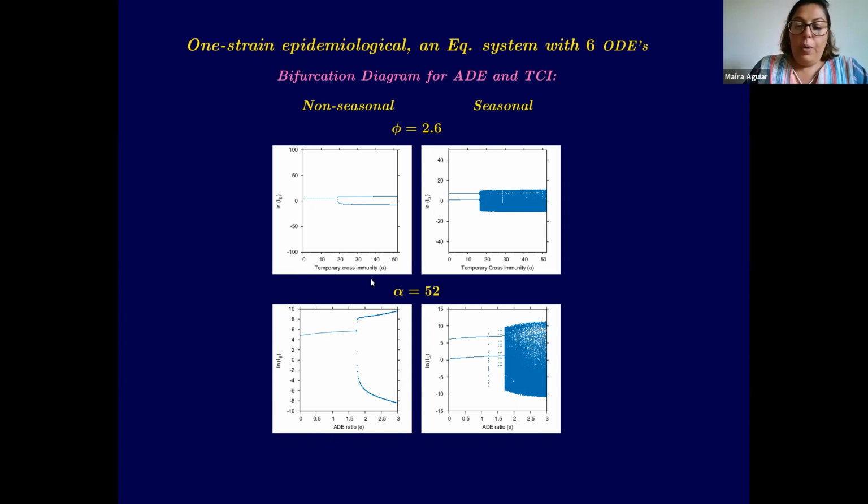What happened? When I fix phi and I look at alpha, we see that nothing is going on. So fixed point, fixed point, fixed point until temporary cross immunity is around 20, and then it bifurcates. So I would have a periodic solution when considering temporary cross immunity equal to 20. That means, if a year has 52 weeks, alpha equals 52 would be 1 week, and alpha equals 20 would be something like 2 weeks or so.